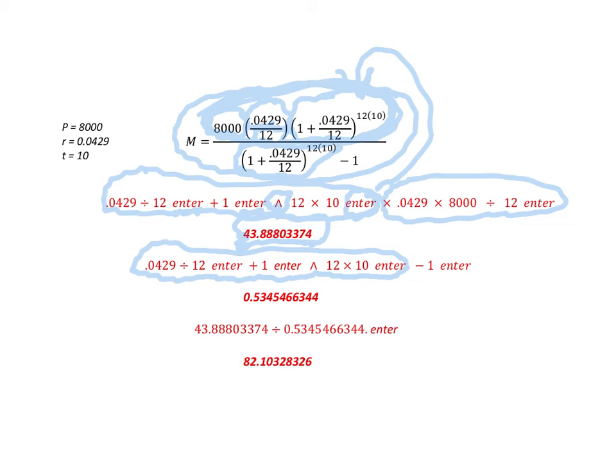So this corresponds to this portion right here, all right? Then we say -1, enter. Now we have the denominator, which is this number here, okay?